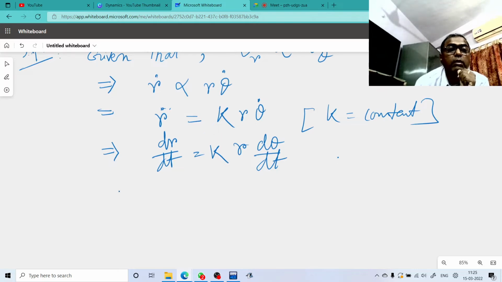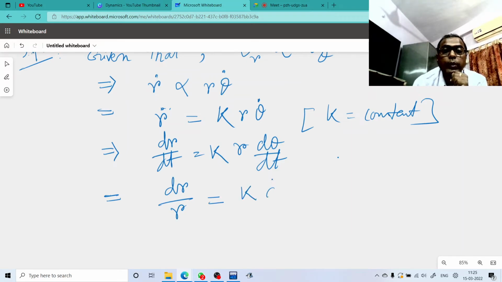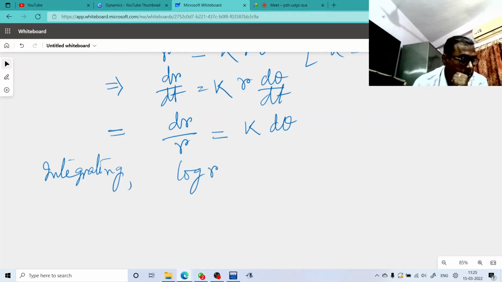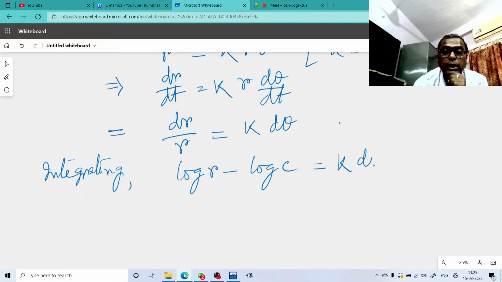Separating variables, we get dr by r equals k d theta, and integrating, log of r to the base e minus some constant log c equals k theta, c is the constant of integration.